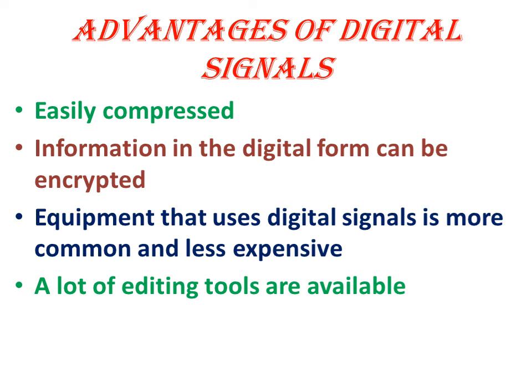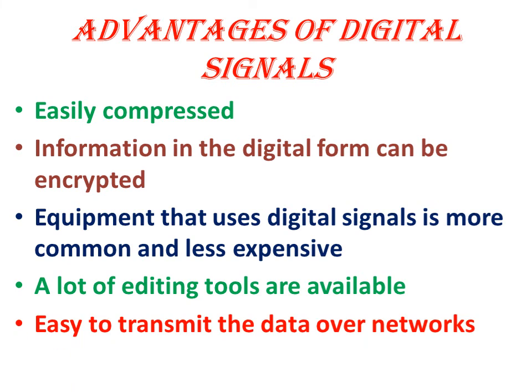Equipment that uses digital signals is more common and less expensive. Digital signal makes running instruments free from observation error. A lot of editing tools are available. We can edit the sound without altering the original copy. They are easy to transmit over networks.